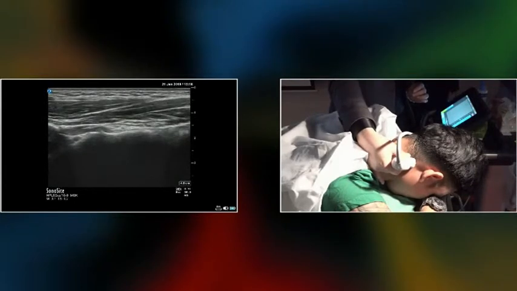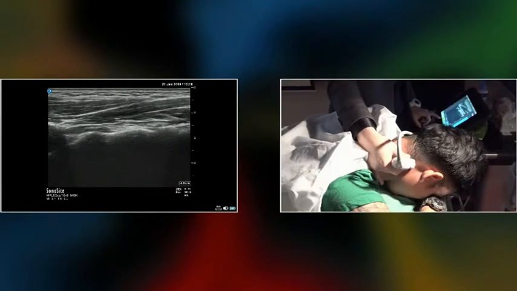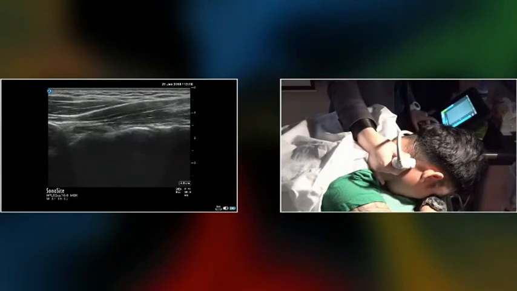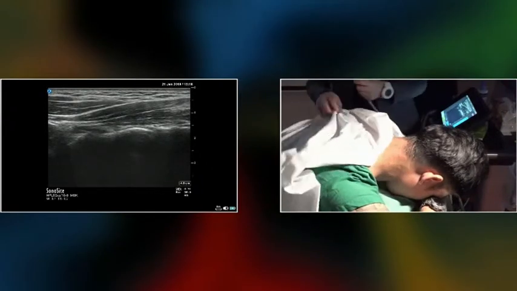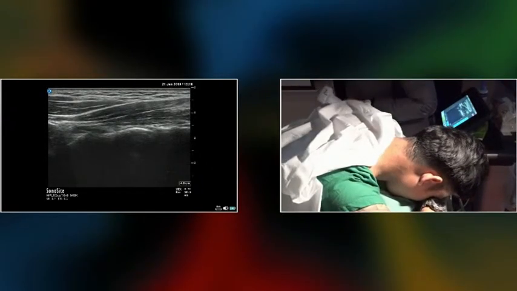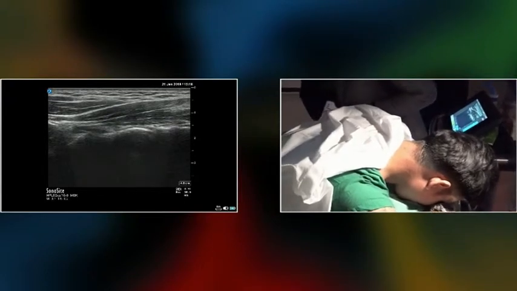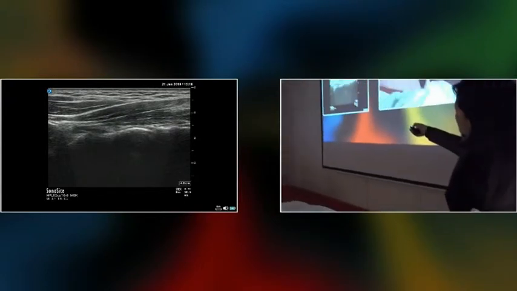And we can also see the facet joint. This is the facet joint.